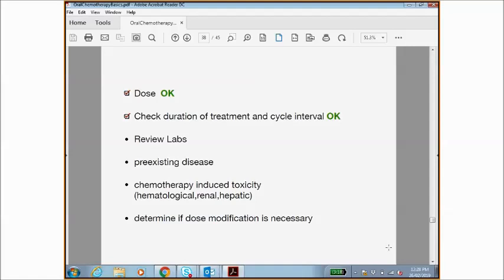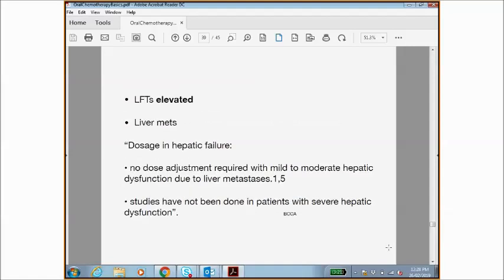So you want to review their labs. You want to make sure, do they have any pre-existing disease? Do they have any chemotherapy toxicity? So do they have any liver dysfunction right now, or hematological or renal dysfunction? And make sure that you need to modify the dose.